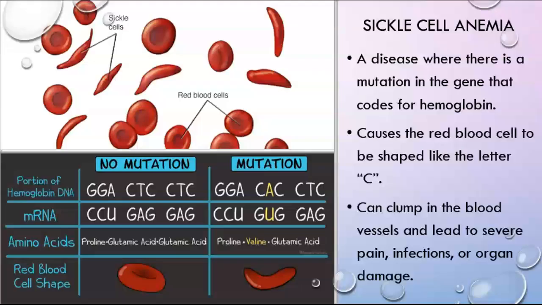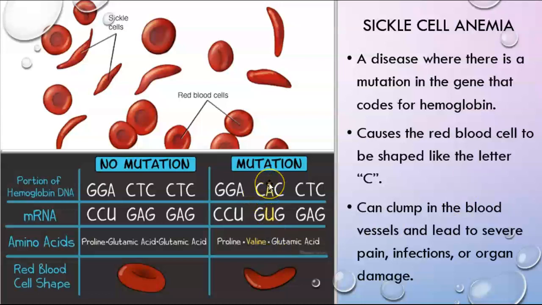Okay, then let's just look again at sickle cell anemia, only because it's a common enough genetic error that we can analyze it. We should, at this point, be able to identify that sickle cell anemia is a point mutation. Sometimes it's called a substitution.